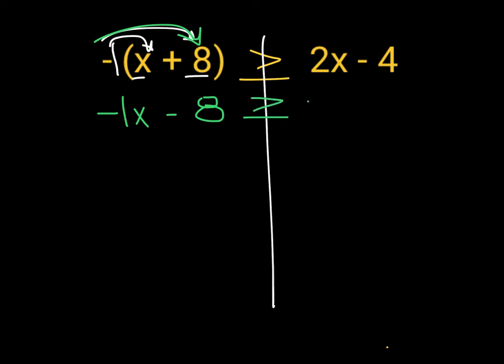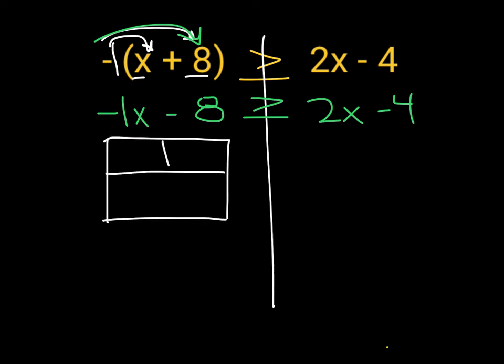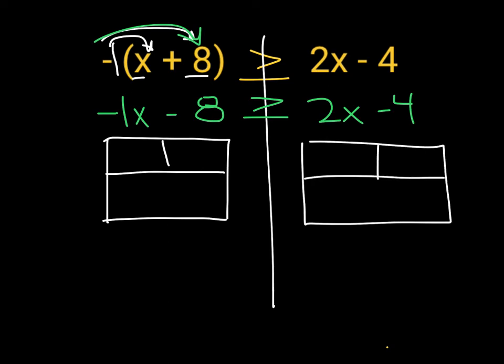On the right, we don't have to change anything. There's no parentheses, nothing to smush. Once we've done our parentheses, there's nothing to smush, no like terms to combine, so we'll draw our boxes and solve that inequality. On the left, -1x is already there. Bring it down.